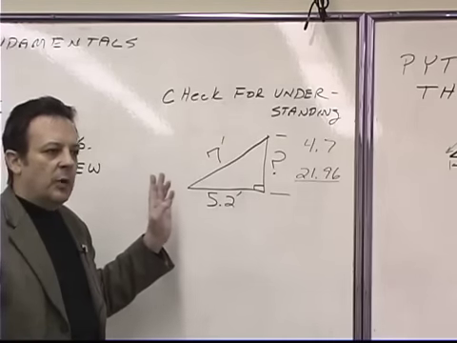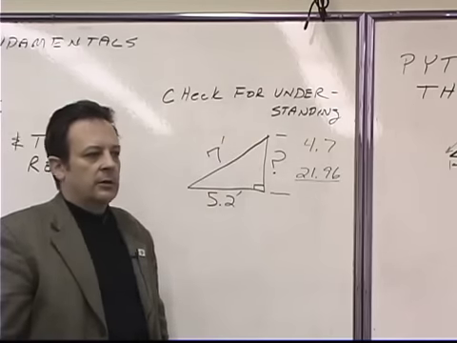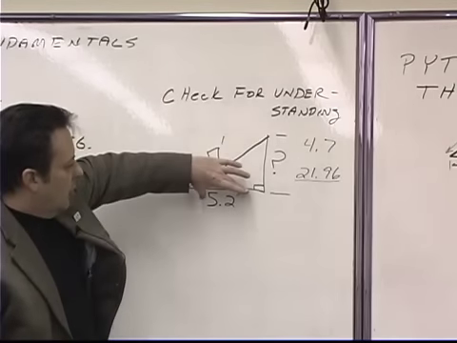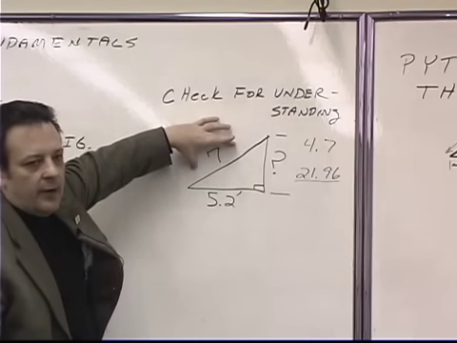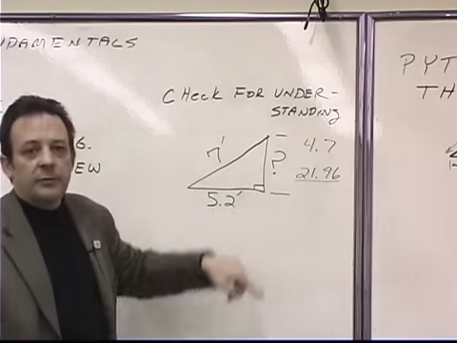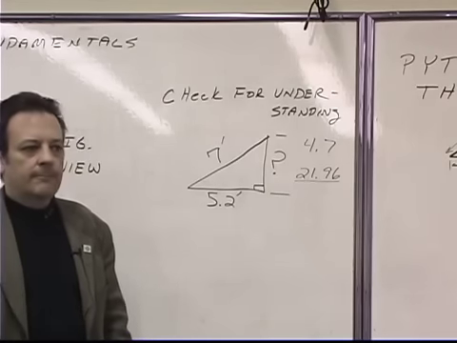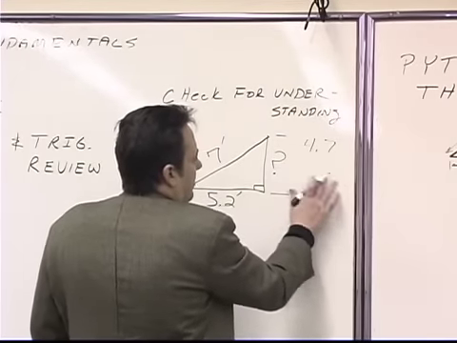The longest part or the longest segment of the right triangle. In other words, neither the horizontal component nor the vertical component can be as long as the hypotenuse. So if the hypotenuse is 7, everything else has to be less than 7. Okay? So we know that 21.96 can't be the right answer.